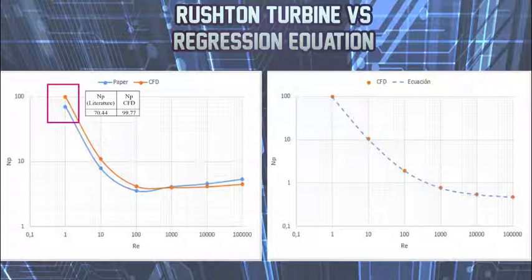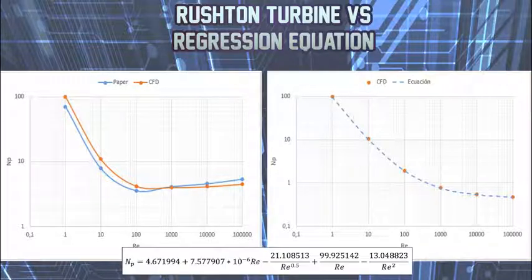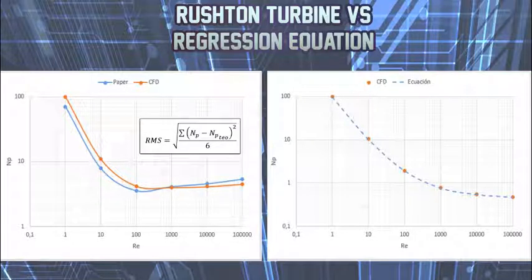However, as it can be seen in the pink square, the error is mostly from the first data point that was obtained, while the rest of the data behaves very similarly to the literature. The calculation of the RMS was done with the following equation.